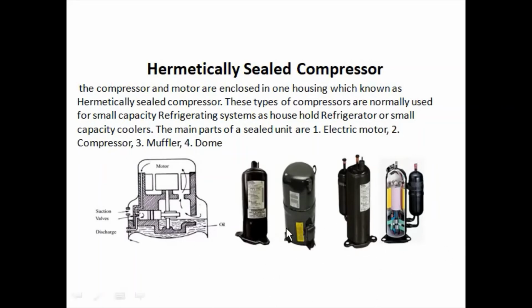For this compressor, a seal must be provided at the place where the shaft comes out through the housing. This seal is necessary to prevent leakage of the refrigerant outside or leakage of air inside.